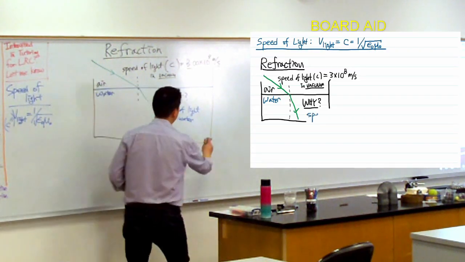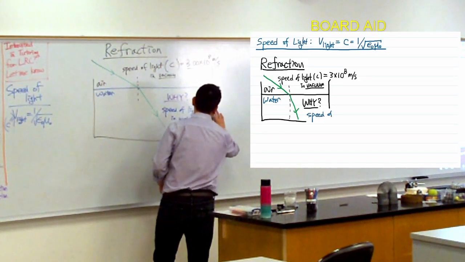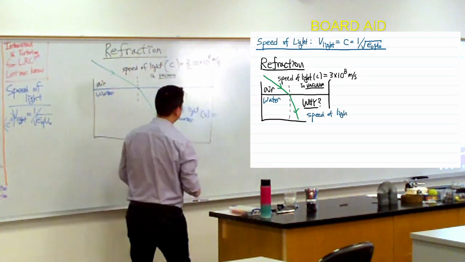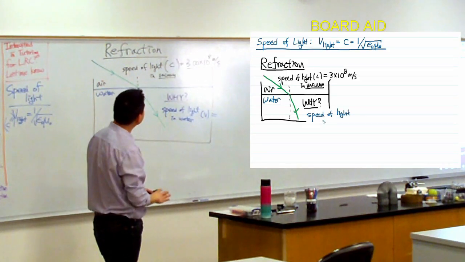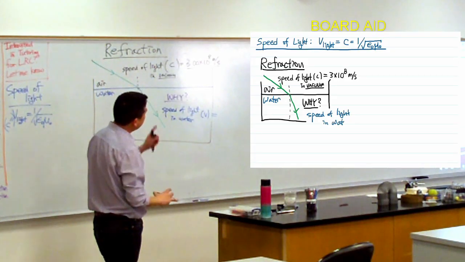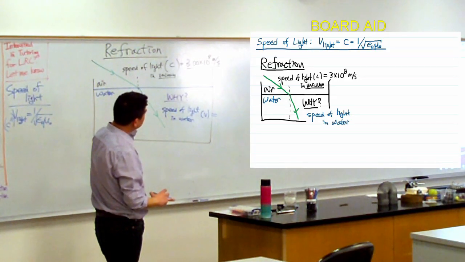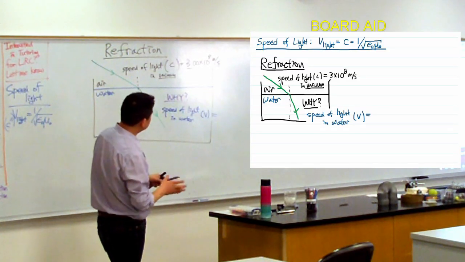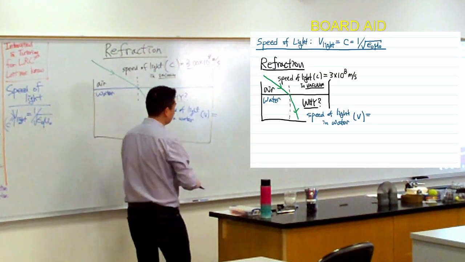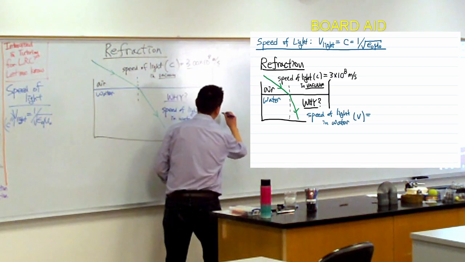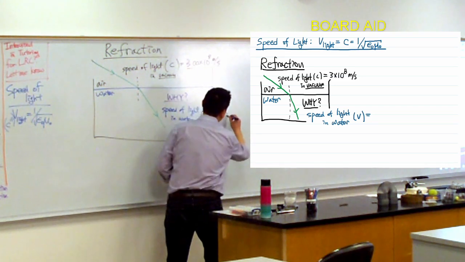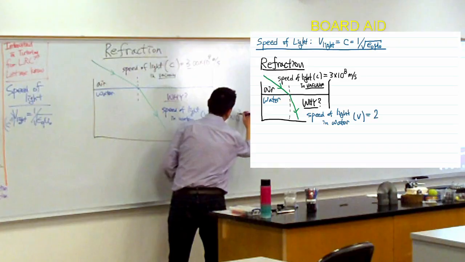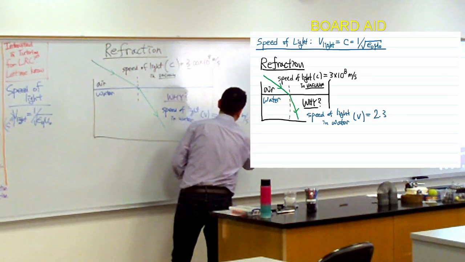If I give the letter v to this, I don't remember the water number off the top of my head. It's not quite 2 times, it's going to be a little bit off, but let's say it's about 2.3 times 10 to the 8 meters per second.